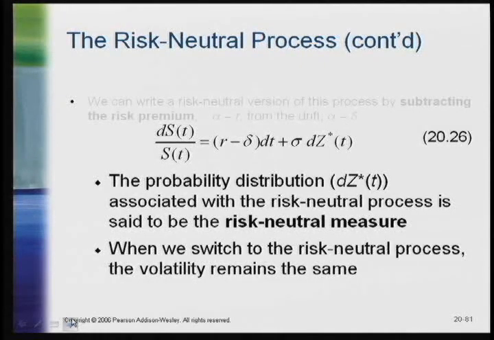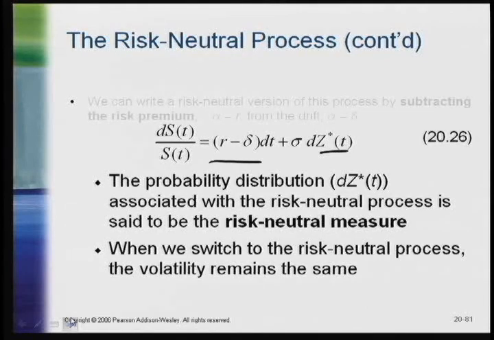We'll see how one, in fact, goes from the original equation to this, because it seems a little mysterious that we've just arbitrarily reduced the drift term and then said, well, okay, we have a new dz. And it seems a little mysterious how exactly that happens, and we need to investigate that further, and we'll do that next.